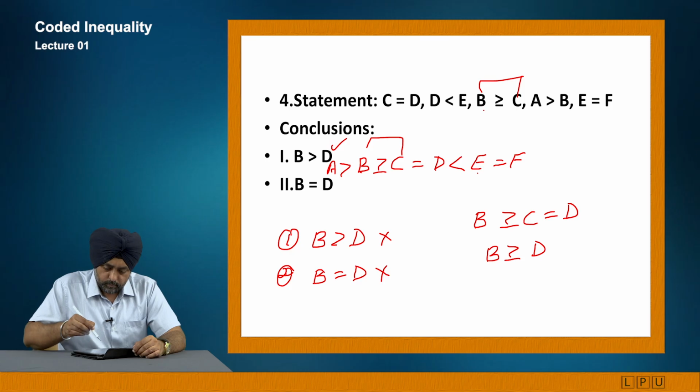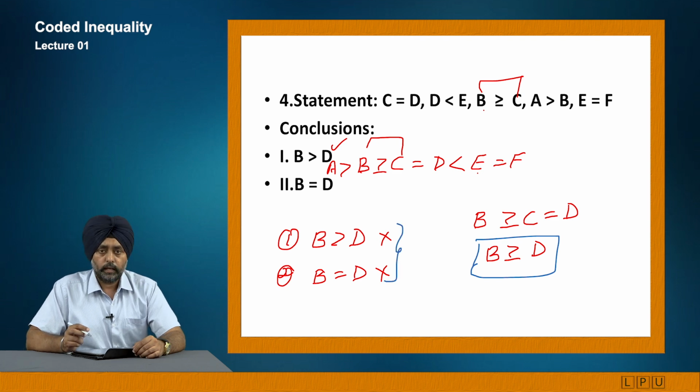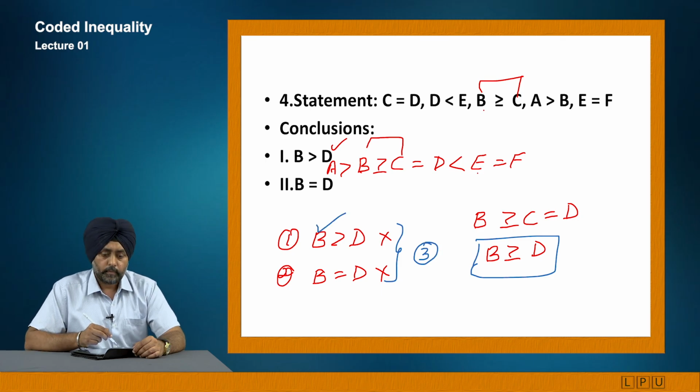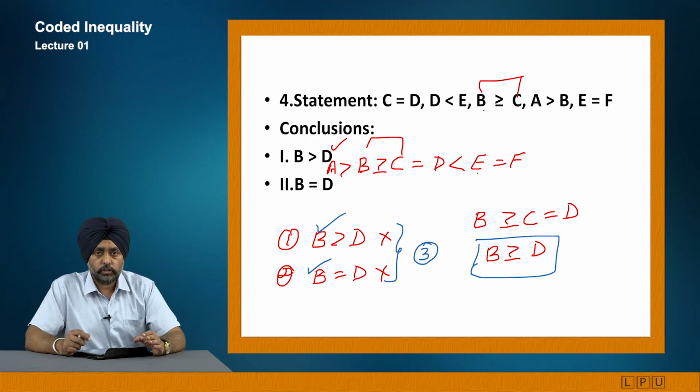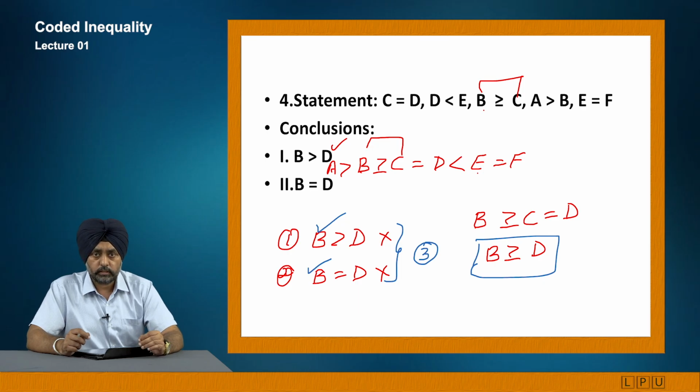But what does this sign mean? It means B is either greater than or equal to D, both of these options. So here the answer will be third, the either-or option. Either B will be greater than D or B will be equal to D. So in such questions, answer 3 will come when the relationship is such that it could be either greater than or equal to.